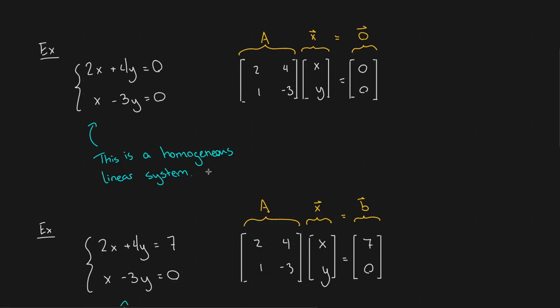And we could see that here, right? If I set x equals 0 and y equals 0, 2 times 0 plus 4 times 0 is 0. 0 minus 3 times 0 is 0. It solves the system. And for any homogeneous linear system, it will solve the system.